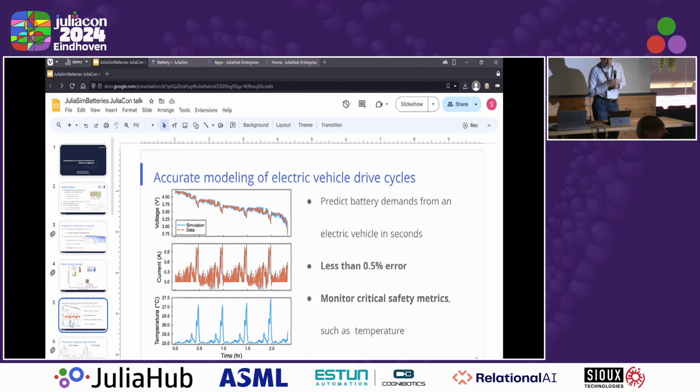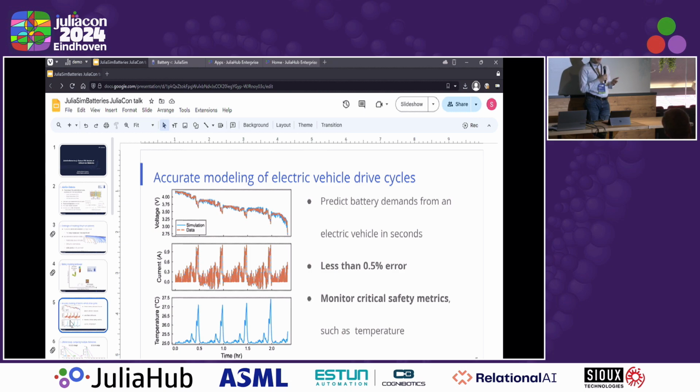Okay. As one of the main applications for these kinds of tools, electric vehicles need very precise modeling for the batteries that they run on. You need to be able to predict the demands on the battery in a very short time, and also with a very small error.